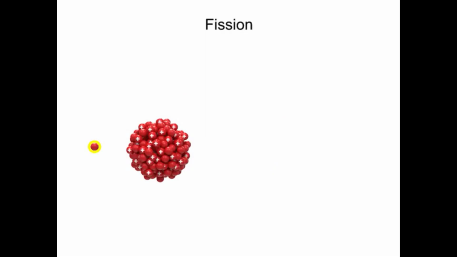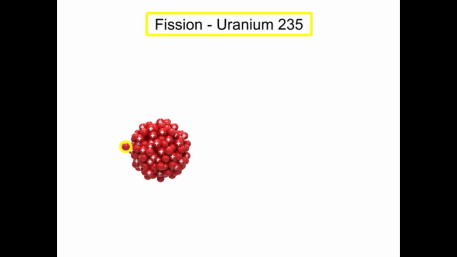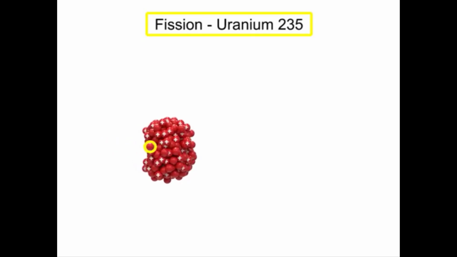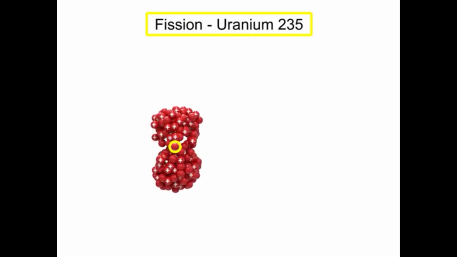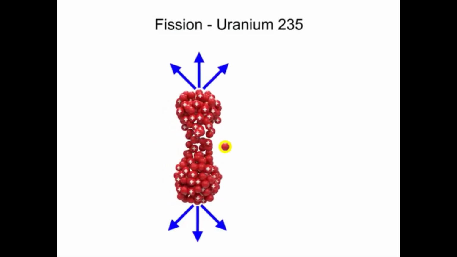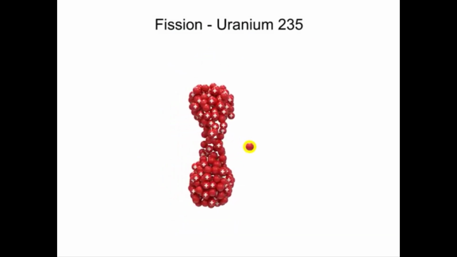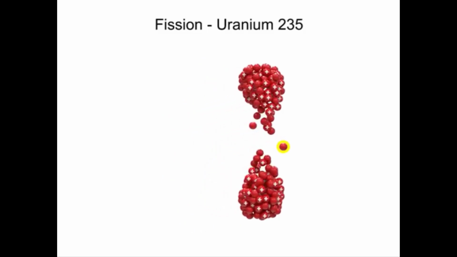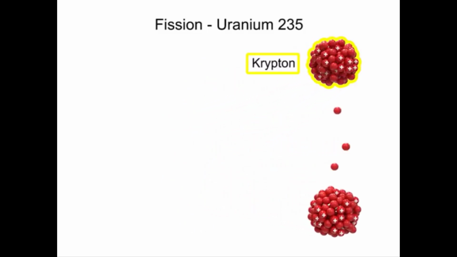Thus, when a fast-moving neutron collides with the nucleus of uranium-235, it is stretched into an elongated shape. This elongated shape tips the balance in favor of the repulsive forces, and the uranium-235 atom splits into fragments of krypton and barium.